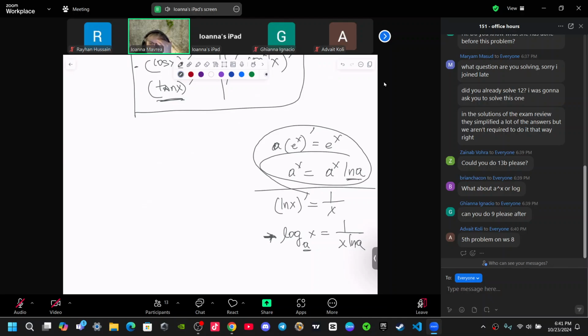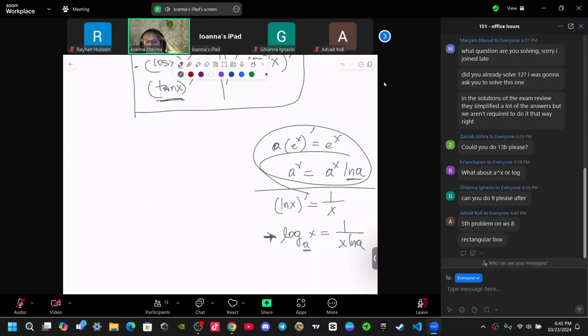So let's see. Oh, that problem. Which problem was number 5? Can you give me one word so I know, is that the one with the volume and the surface area? The box, okay, yeah, that's the one. All right, so let's do that one.